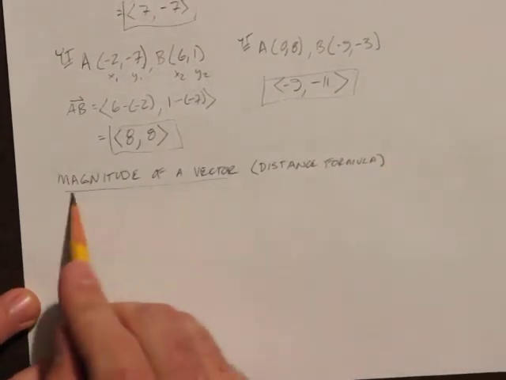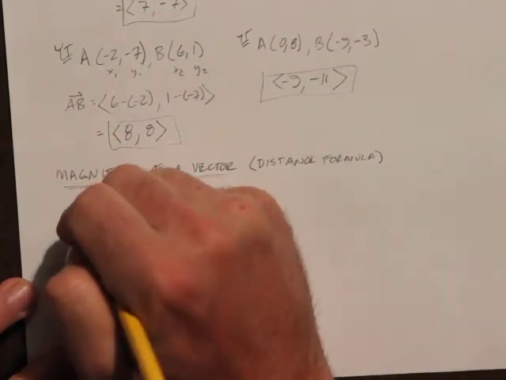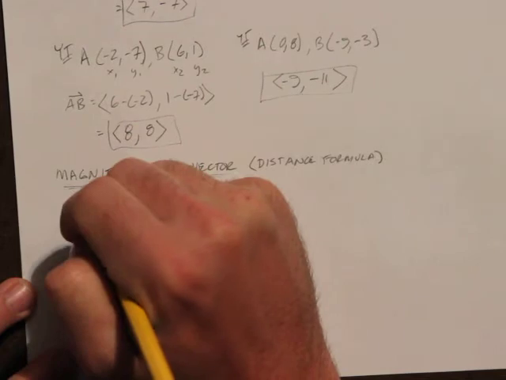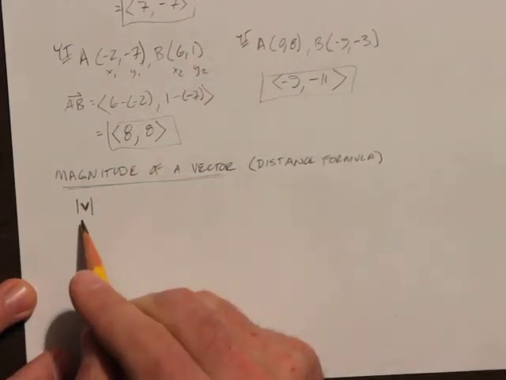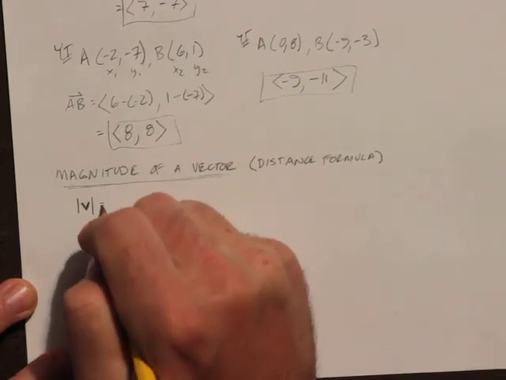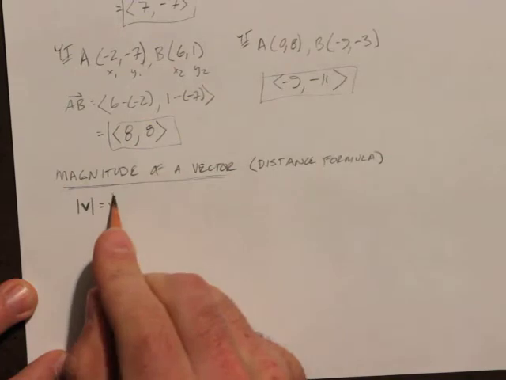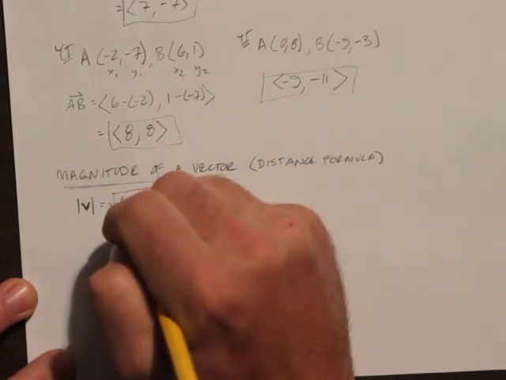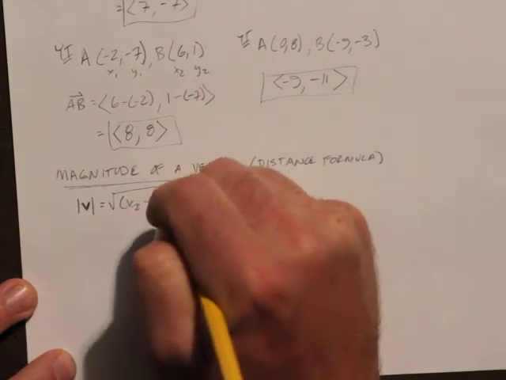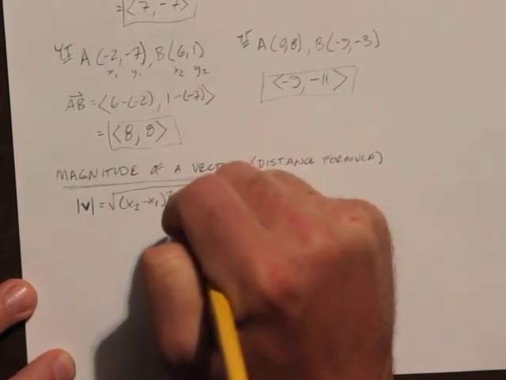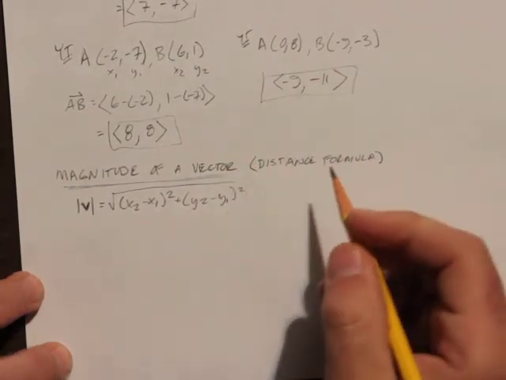Mr. V said years ago, you're going to need to remember this. And you said, no, I'm not. Well, here we are. So the absolute value of your vector, or the magnitude of your vector, equals the square root of x2 minus x1 squared plus y2 minus y1 squared. So that's the distance formula.